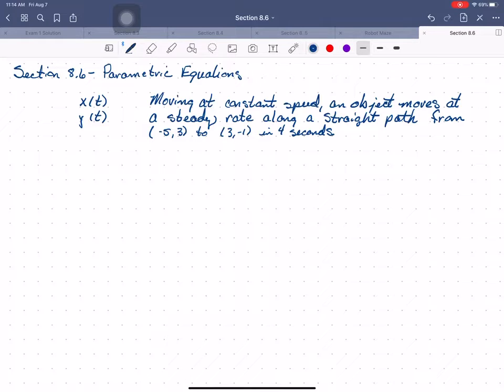And our task is to find parametric equations for the position of the object.